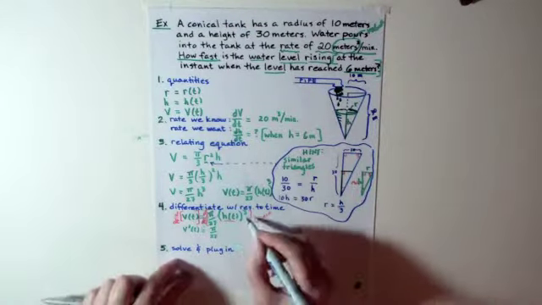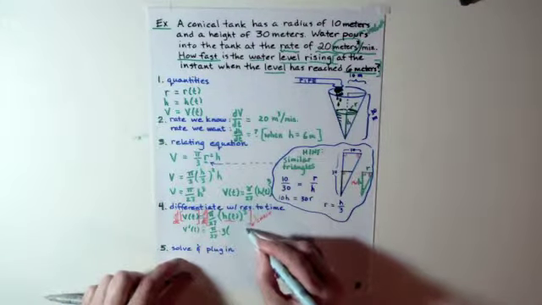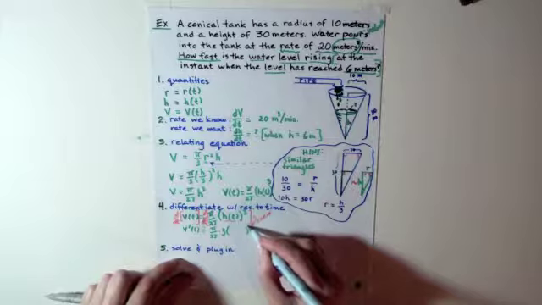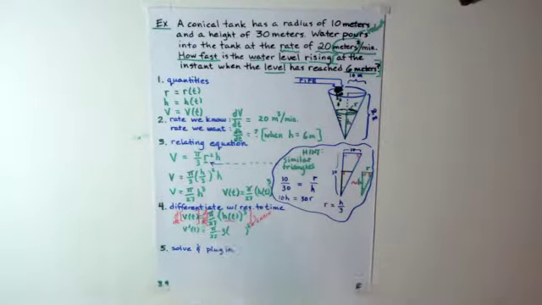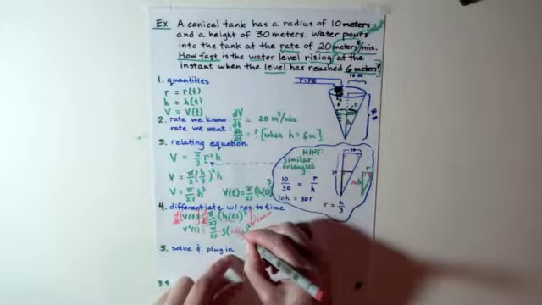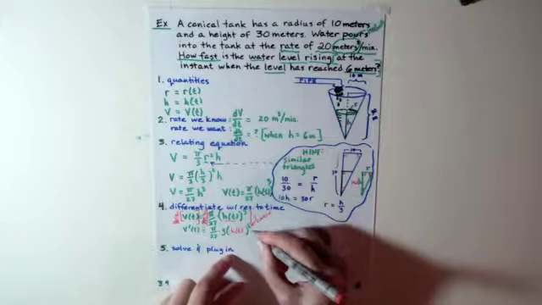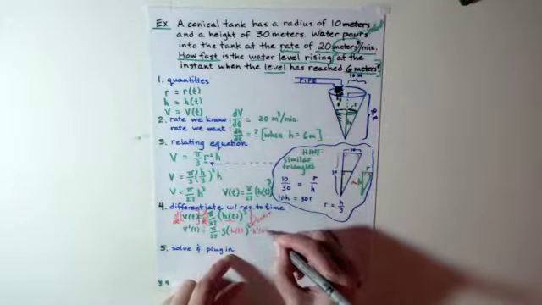So I take the derivative of the outer, that would be 3 times whatever I'm plugging in to 1 lower power, to the second. So that's the derivative of the outer. I evaluate it at the inner. Well, what's the inner function? It's h of t. And I multiply by the derivative of the inner, so times h prime of t.